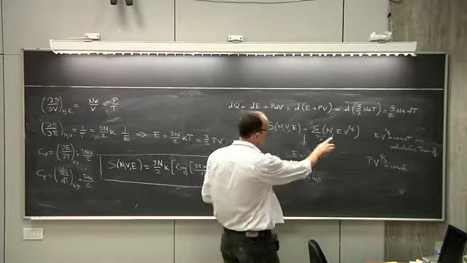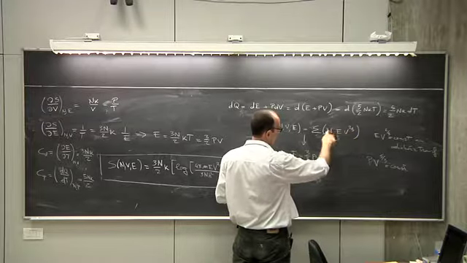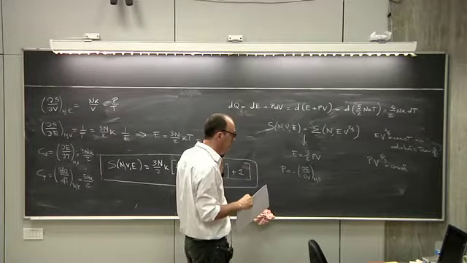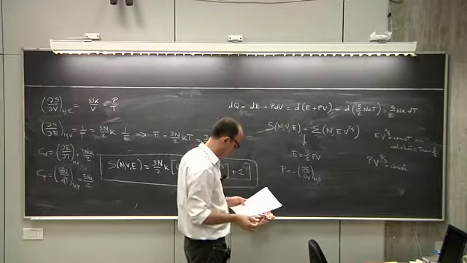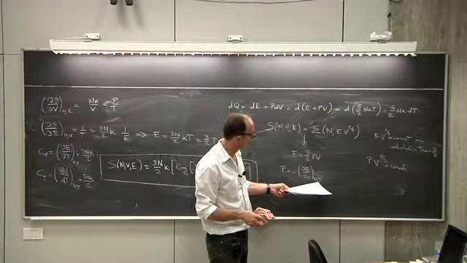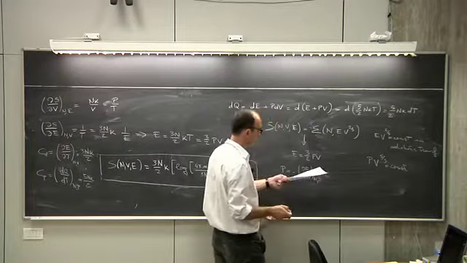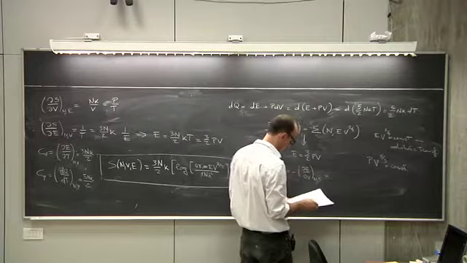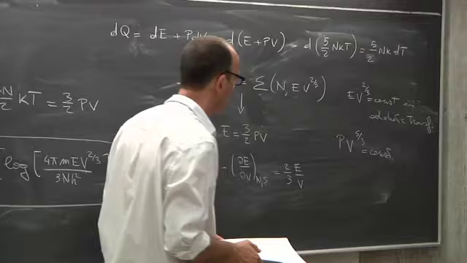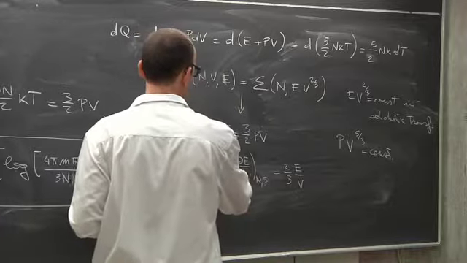If you invert it, you see that the energy would be V to the minus 2/3 times a function which only depends on N. So since, when you keep S constant, the energy goes as V to the minus 2/3, this gives you directly that this derivative is 2/3 times the energy divided by V. And then this relation gives you this.